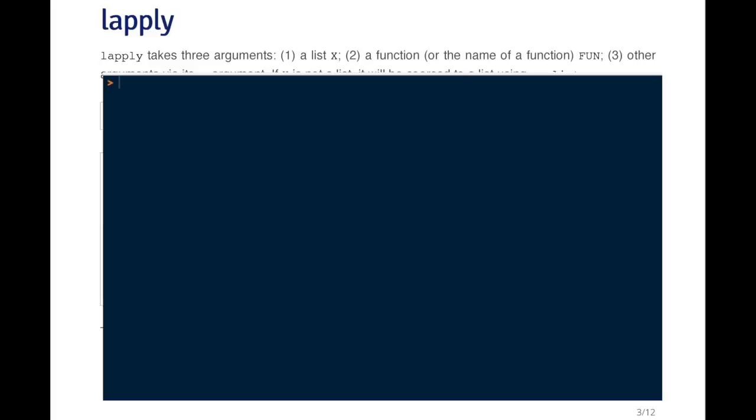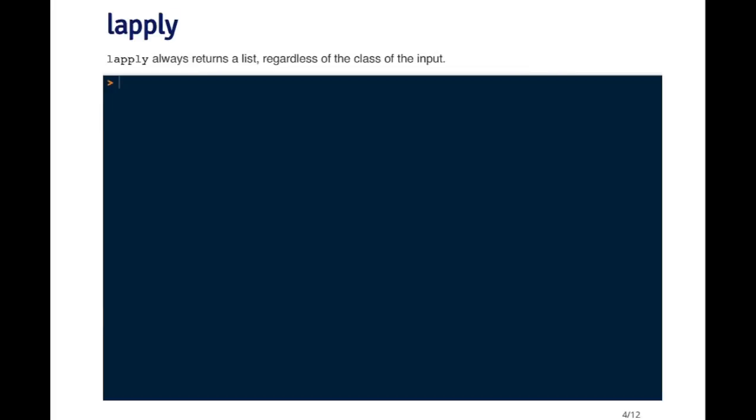So the idea with lapply is that you're going to take this list of things, and remember, a list can contain any number of different types of objects, so they could be vectors or matrices or data frames or whatever it may be, and you want to apply a function to each one of these elements of the list, and that function is going to return something. It may not be the same thing that it originally was in the list.